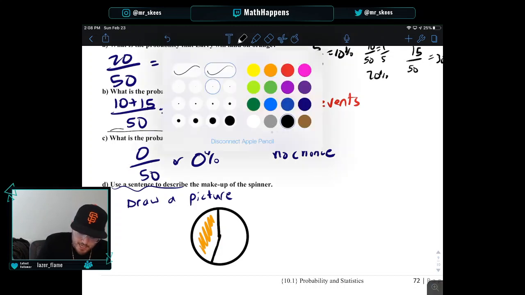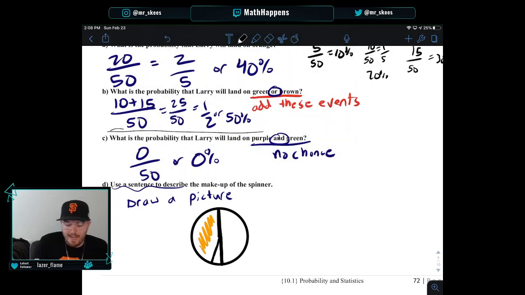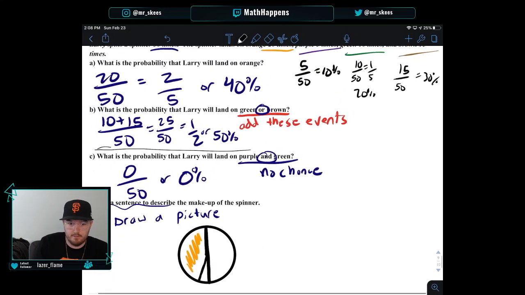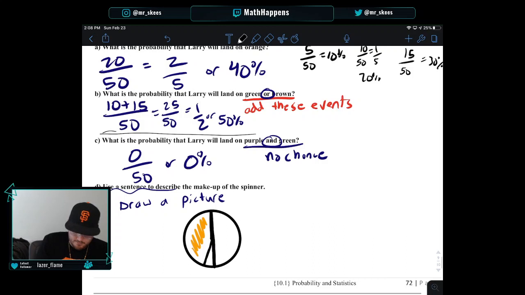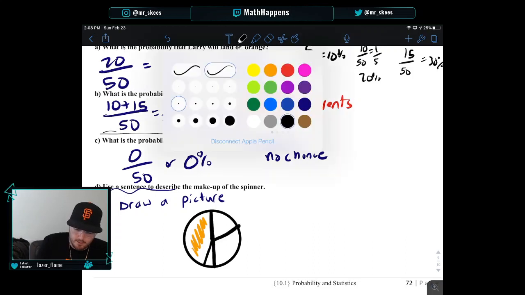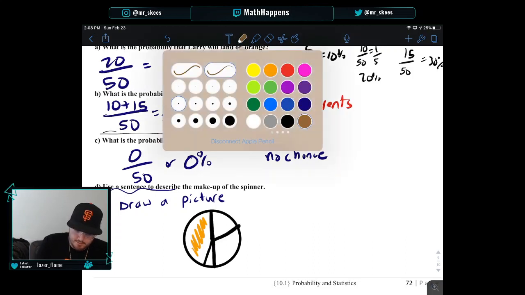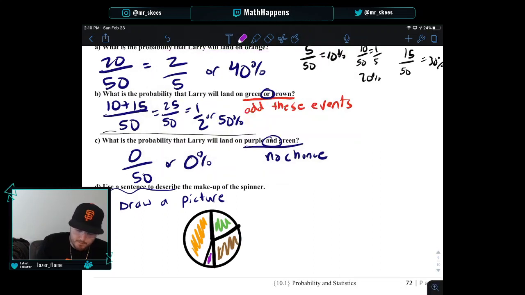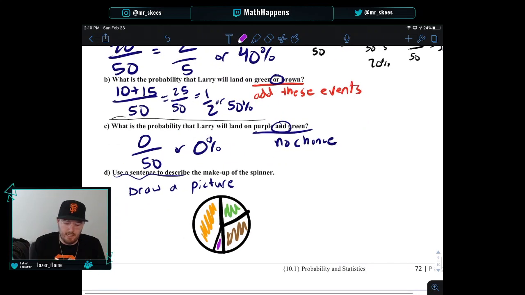So if I drop a line down, this entire right half is purple and green. A little bit more of it is brown. So there's the brown and there's the green. And then that leftover smidge is purple. And hopefully that makes sense, how I broke that down, right?